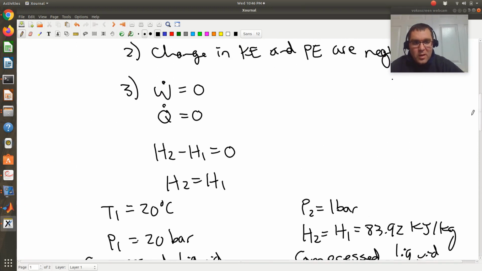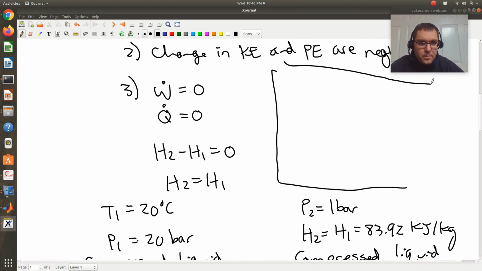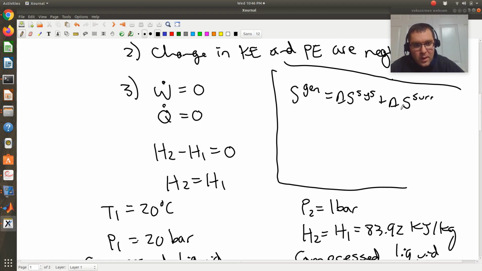And so if I take an aside, in the first problem, S gen is going to be equal to delta S of my system plus delta S of my surroundings, where we're assuming adiabatic, so delta S of my surroundings is going to be 0.